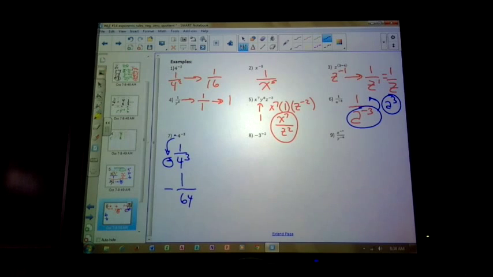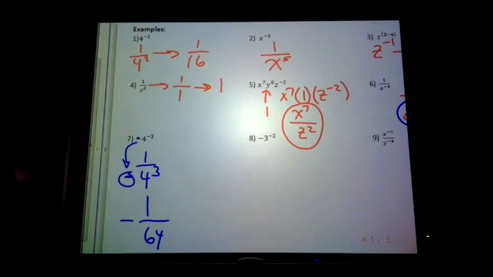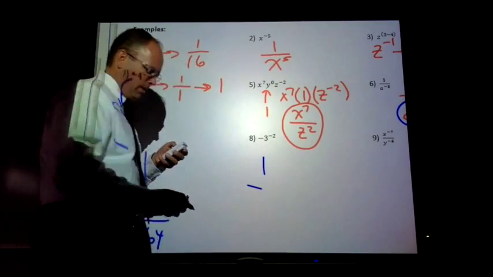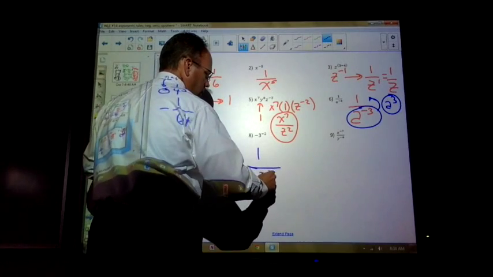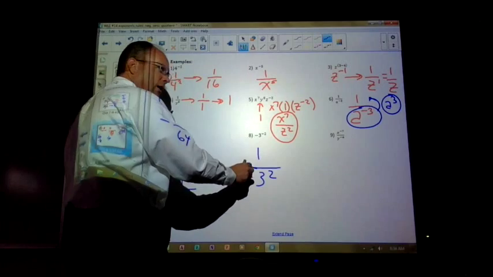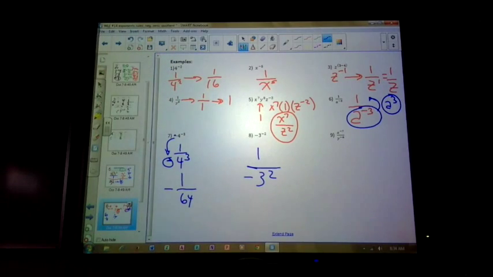Bo, you help us on number 8. We're going to use number 7 kind of as a guide. What do you feel? 1 over 3 to the second. Do you think the negative needs to come? Whoa, time out. Negative is going to come down. And then am I squaring the negative 3 or the 3? Now, before you jump on that, let's think about this for a second. Remember sometimes I said your calculator does goofy stuff.